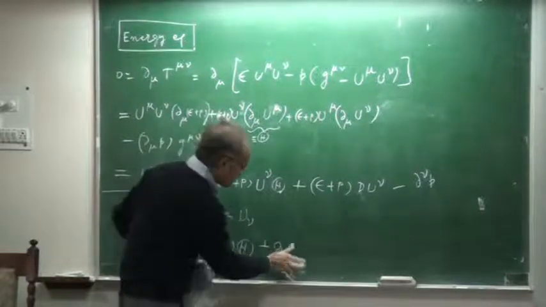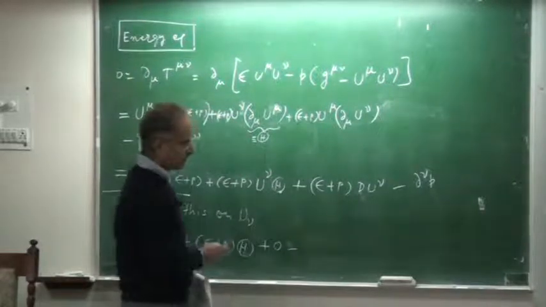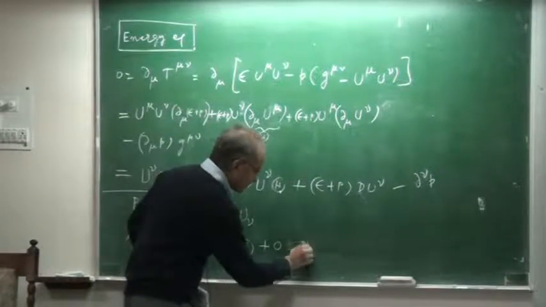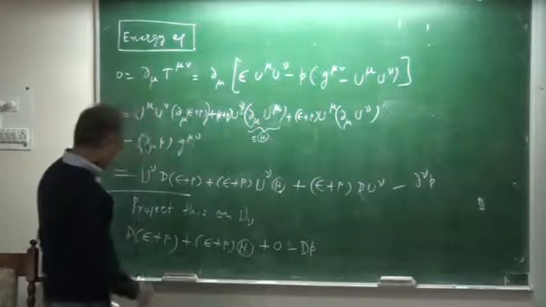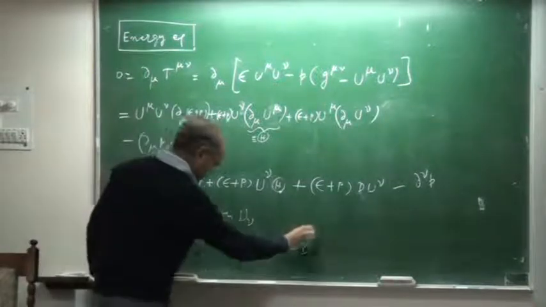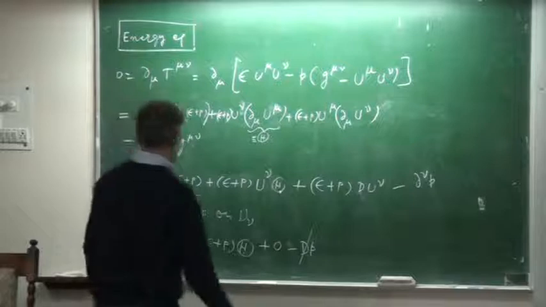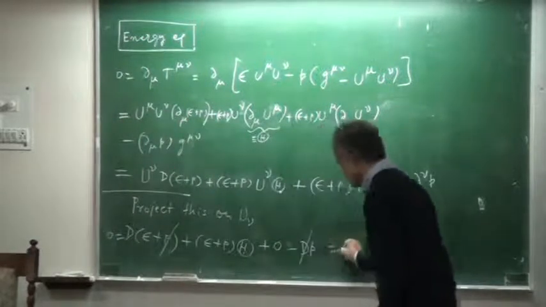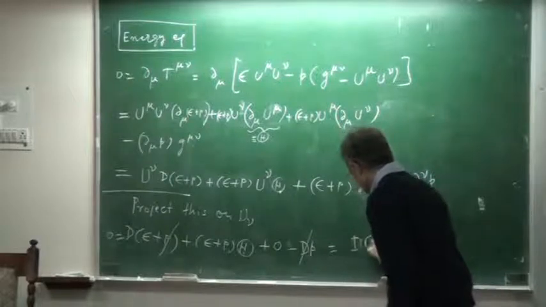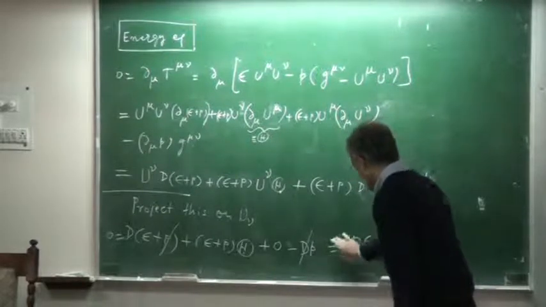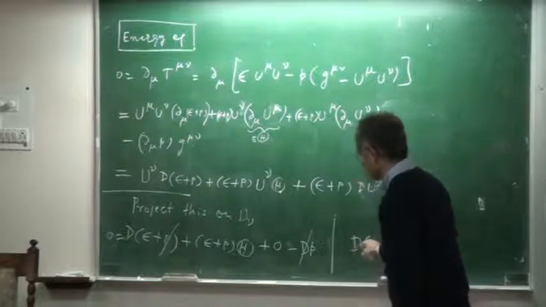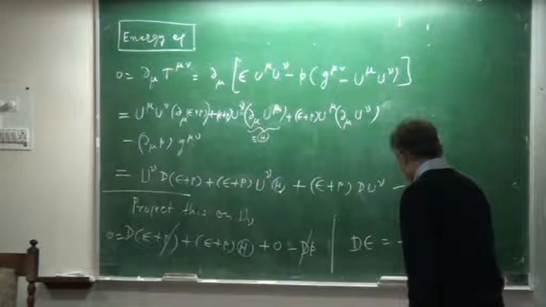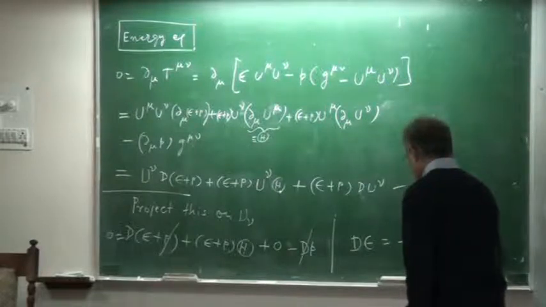And this is the last term, capital D of p. Now this is getting cancelled. So you get D epsilon equals minus epsilon plus p times theta.